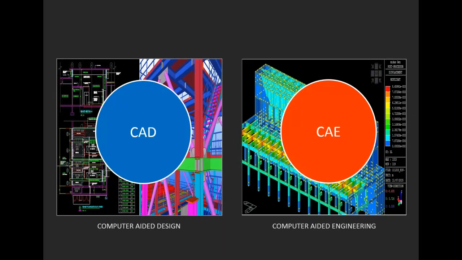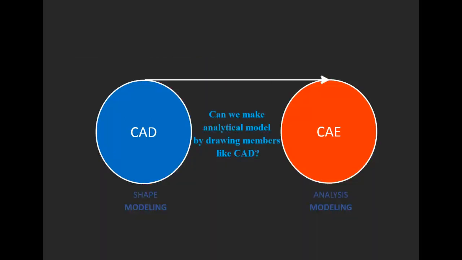Have you ever thought about CAD programs such as AutoCAD or Tekla, which draw drawings or shapes, and CAE products like Robot, SAP or Gen, all these together? Or have you ever thought of modeling and interpreting whatever you do in CAD in a CAE software solution?